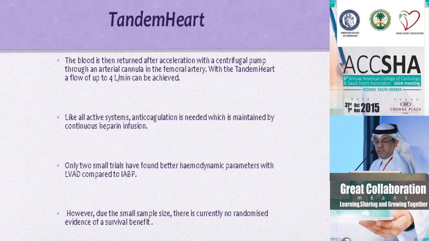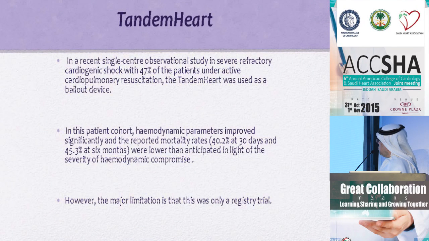The problem with the Tandem Heart is that it needs special training. It also needs a perfusionist to be able to handle the machine, and it does not solve the issue of oxygenation as the ECMO does, but it provides a very good hemodynamic support.